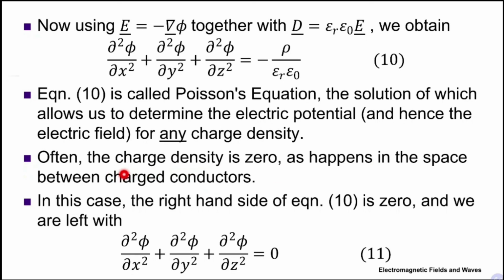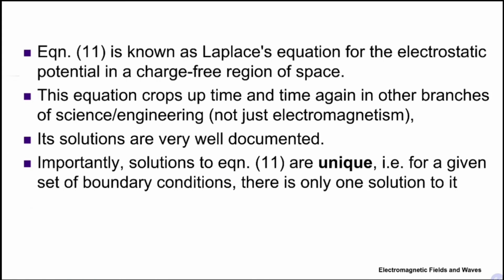And if the charge density is equal to 0, then this equation will be equal to 0, and we have equation 11, which is known as the Laplace equation. This Laplace equation is for the electrostatic potential in a charge-free region of space.